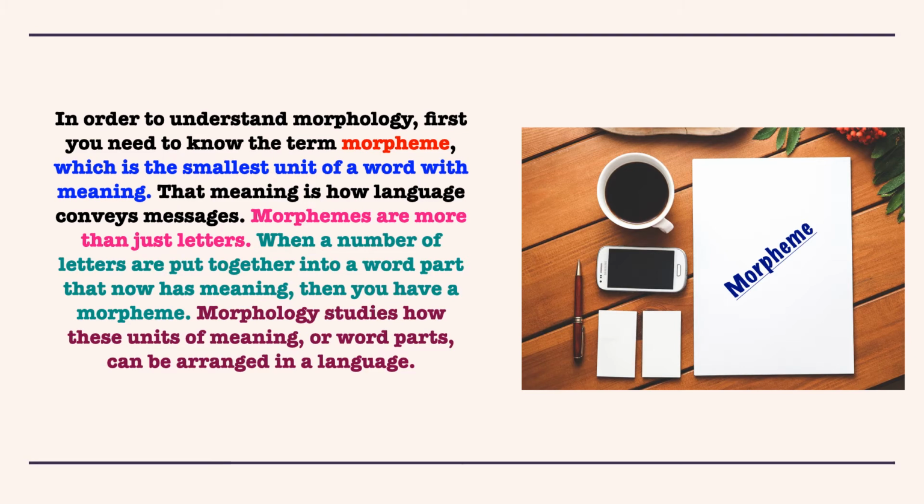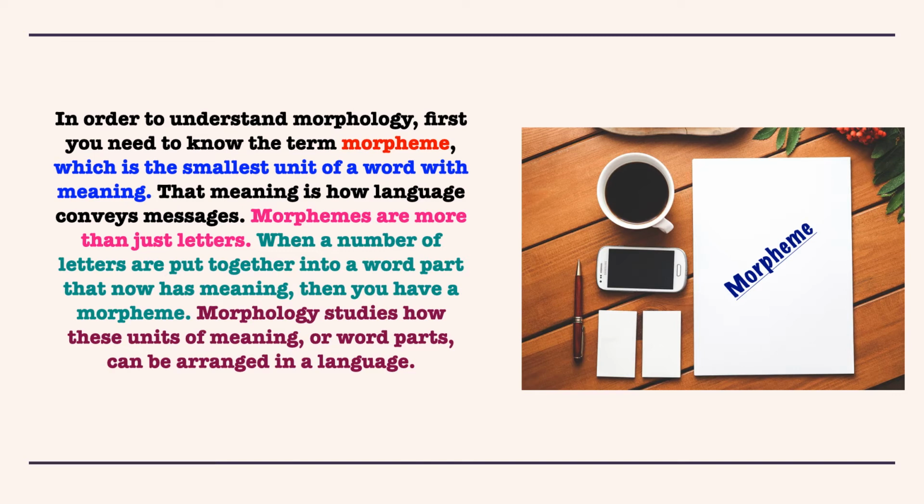In order to understand morphology, first you need to know the term morpheme, which is the smallest unit of a word with meaning. So remember, it is a word part with meaning, not without meaning. We can separate some words into parts carrying meaning. For example, gentleman can be separated into two meaningful parts, gentle and man.